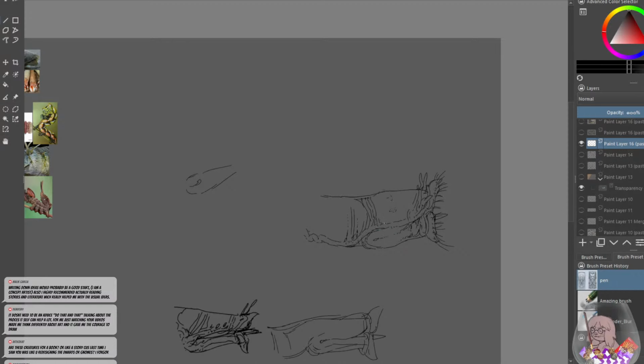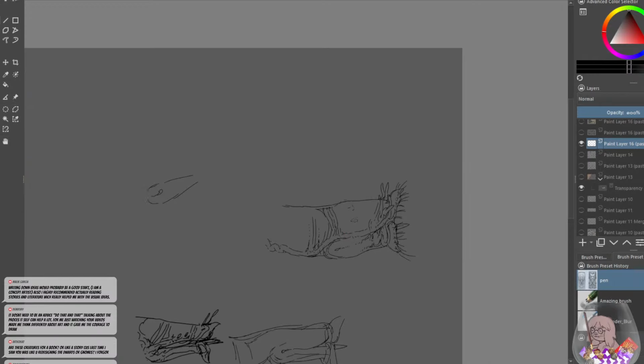Also, I highly recommend actually reading stories and literature, which really helps me with the visual idea. But yeah, also starting from a spark and then just running with it often helps me. Sometimes I have a little cool idea where it's like, oh, it'd be really cool if I have soldiers that can replace their limbs, right?